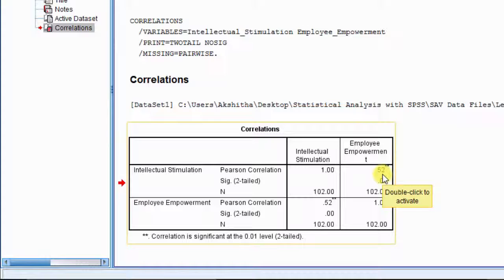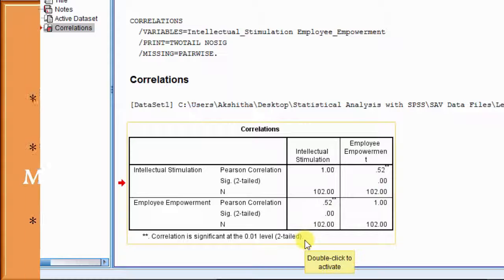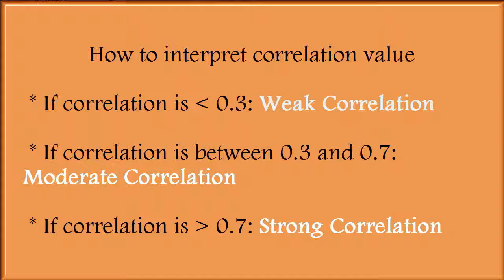Observe the correlation results. The correlation between intellectual stimulation and employee empowerment is positive. That is 0.52, and this value is statistically significant at the 0.01 level of significance. There are no hard rules to interpret the correlation value.